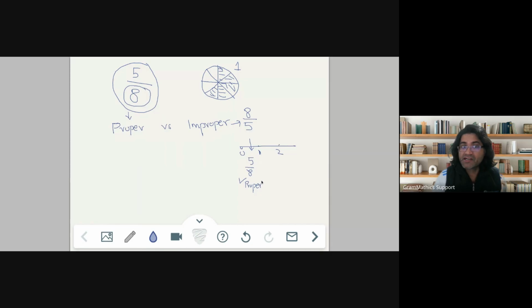But when I think about 8 over 5, 8 over 5 on a number line will come somewhere here. 8 over 5 is 1.6 if you calculate in decimals, isn't it? So 8 over 5 is actually more than complete, more than whole. It's more than 1.